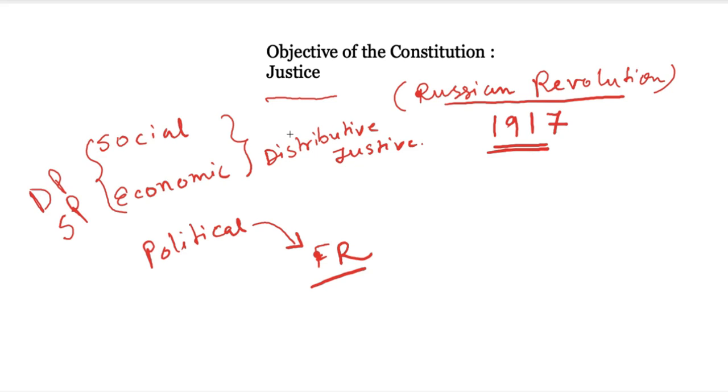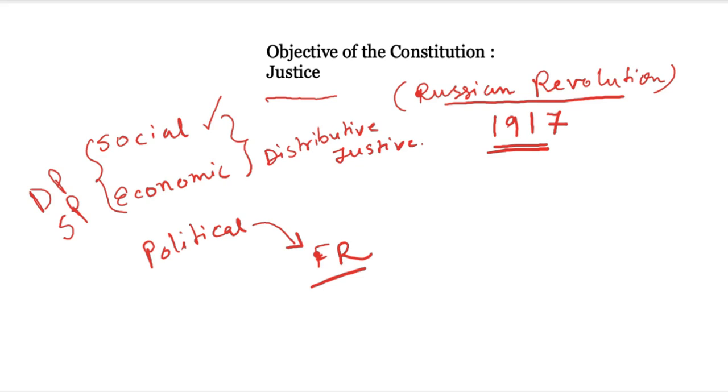Social justice means that no one will be discriminated against on the basis of, let's say, color, sex, race, place of birth and so on. Economic justice is that there will be no glaring inequalities of income, so income will be equally distributed, although this is not maintained the way it should be, but this is the way the constitution wants the country to be.